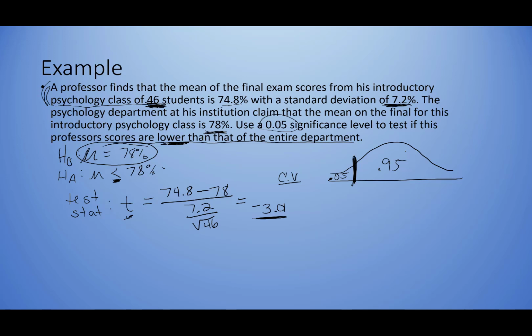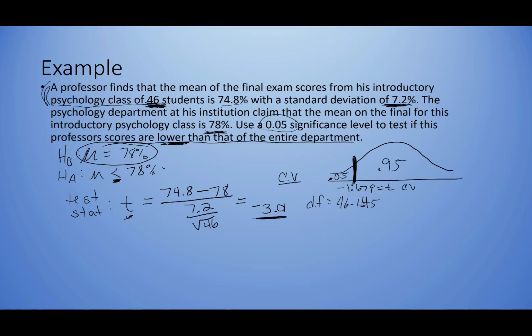So this part right here might be a little bit different depending on the table that you use. Well, when I go to the table that I have and I look up my degrees of freedom, which are going to be 46 minus 1 is 45, and I look up the critical value on my table associated with degrees of freedom 45 and an area to the right of 0.95, I end up finding my critical value to be negative 1.679.